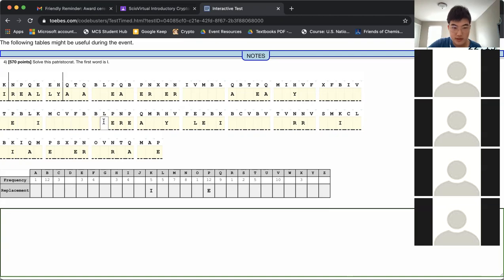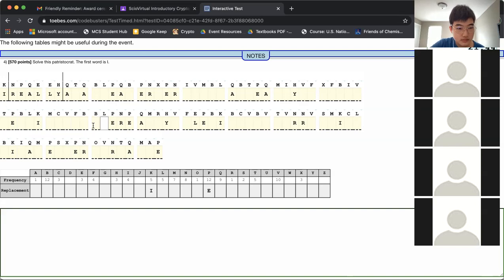So I'm thinking maybe that's the, or at least maybe that's THE inside of a word that contains THE. If you have a hunch that something is the, you want to look for it and see if it happens multiple times in the cipher. Because if it does happen multiple times, then you have a pretty good chance at getting the right the.